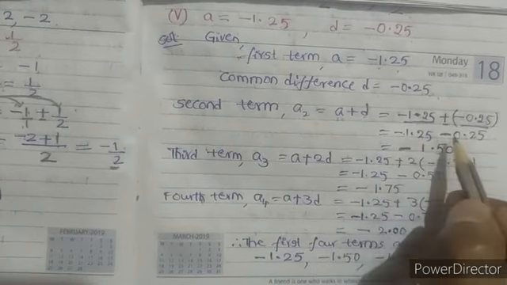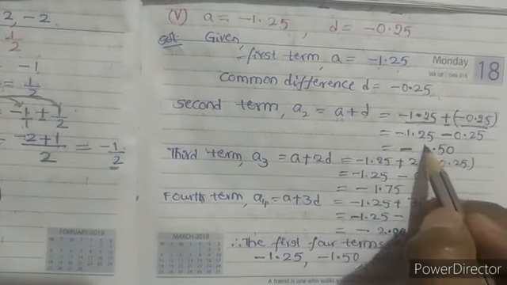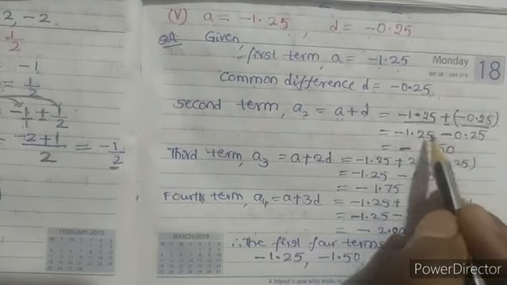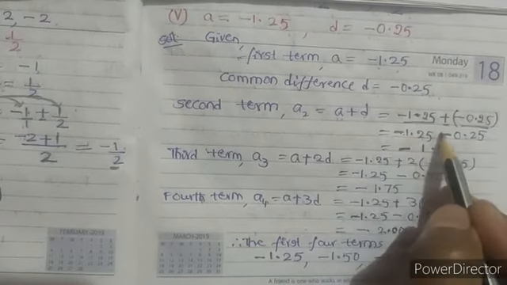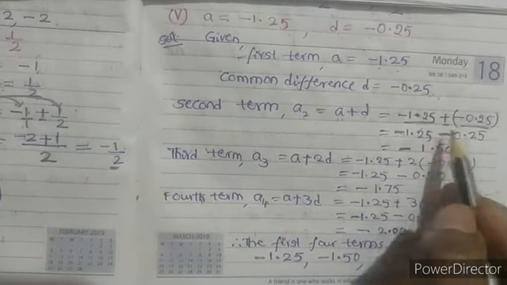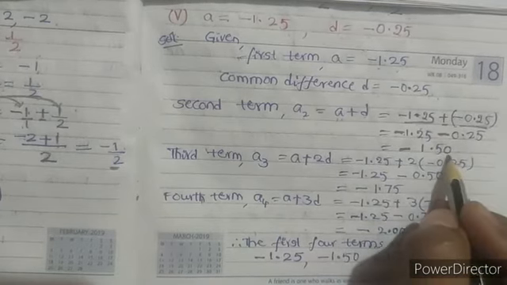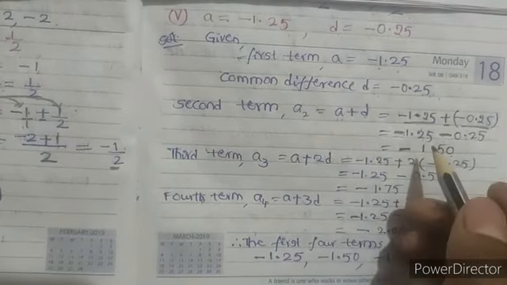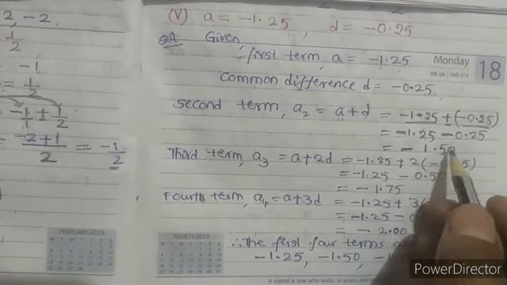Minus 1.25 and minus 0.25: same signs are there, just add the numbers. 1.25 plus 0.25, that is 1.50. Bigger number sign is negative, so we take negative only, minus 1.50.